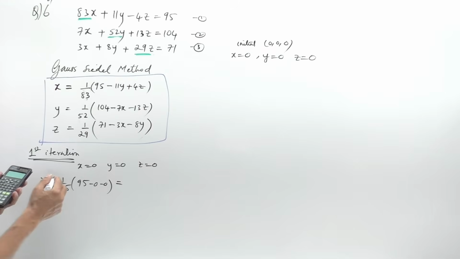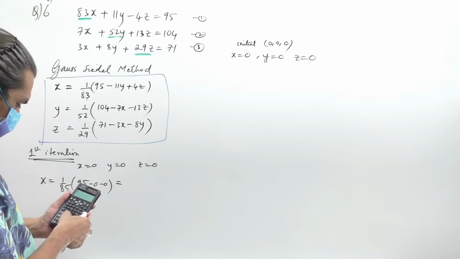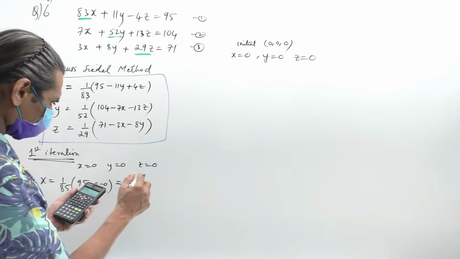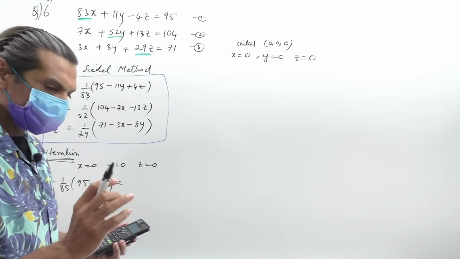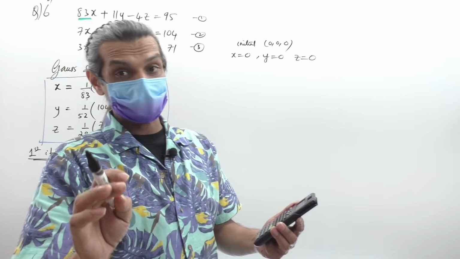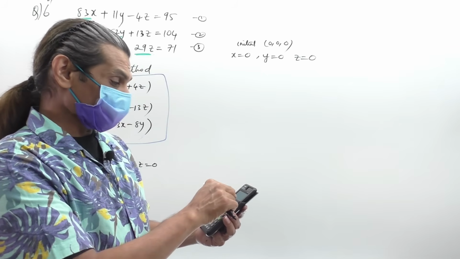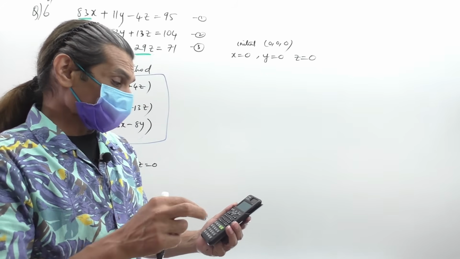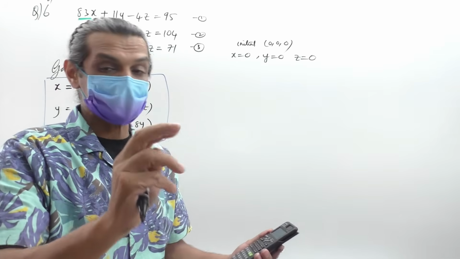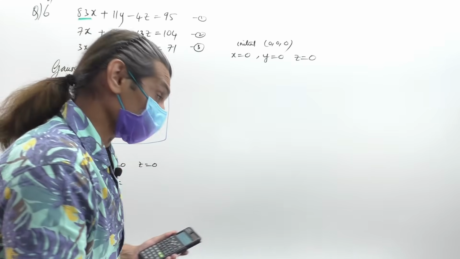Now x is equal to 95 by 83. So 95 divided by 83 is equal to, yes, decimals, and a minimum of 5 decimal places is required. Don't approximate to 2-3 decimals. See, the answer is coming as 1.1176. Don't write 1.12 and all. You lose the marks. Minimum 4 to 5 decimal places are compulsory.